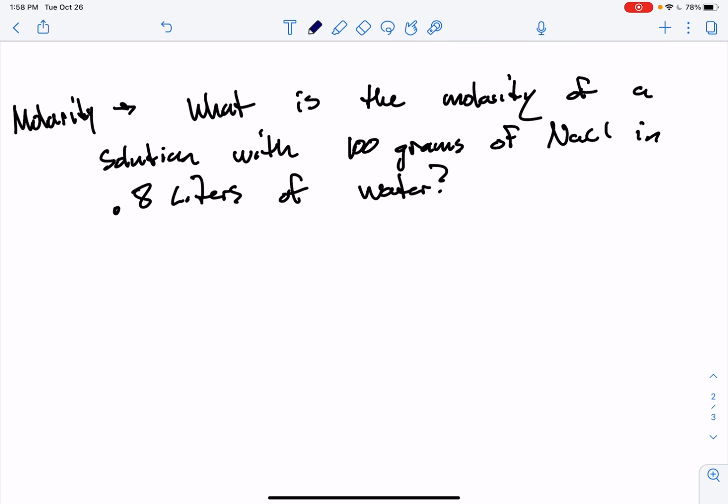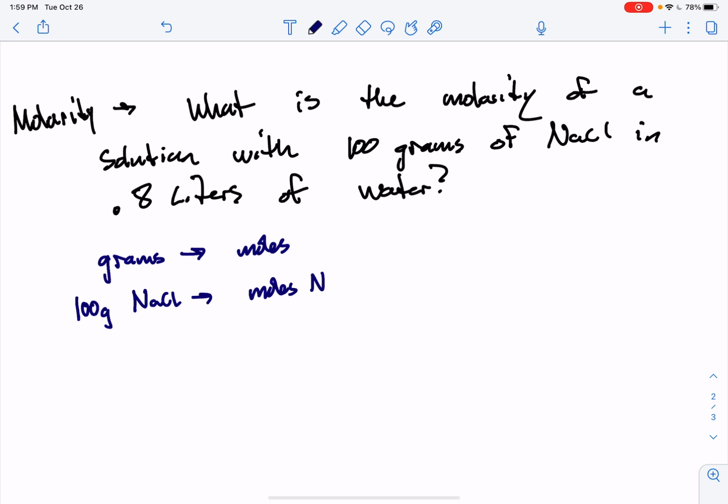So it wants to know what is the molarity of a solution with 100 grams of NaCl in 0.8 liters of water. So the first step is you go from grams to moles. So we want to go from 100 grams of NaCl to moles NaCl. That's the plan here.